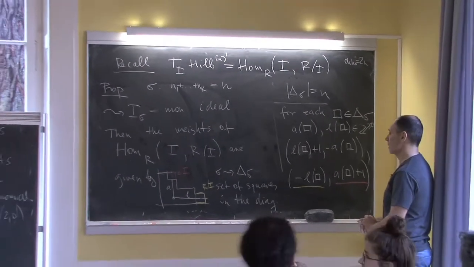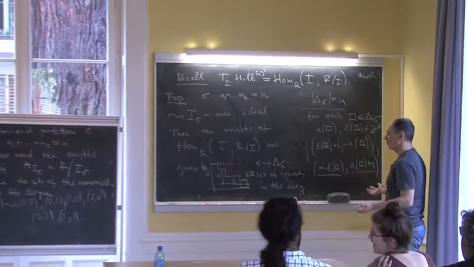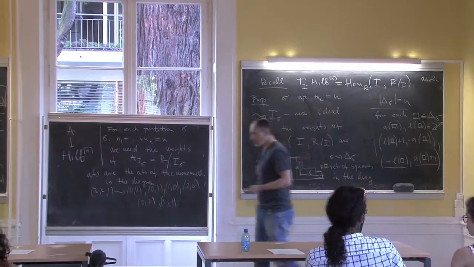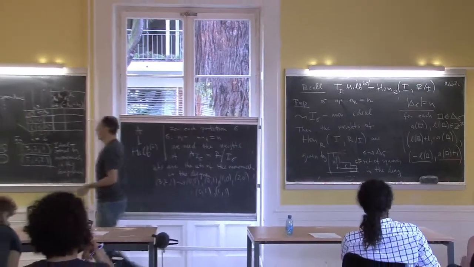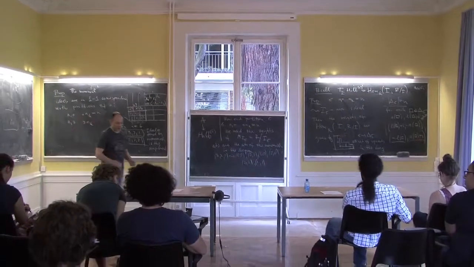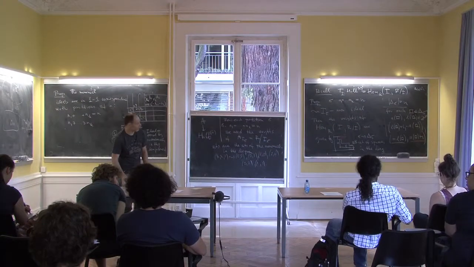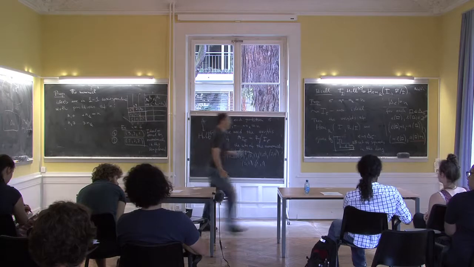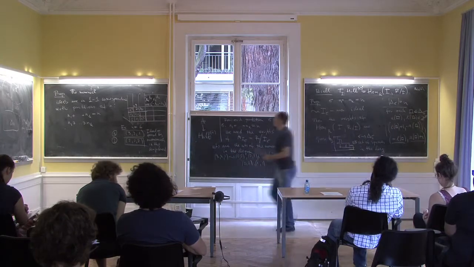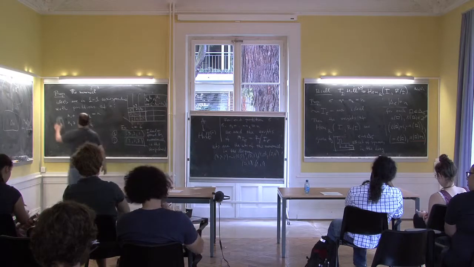Okay, and so this is our data, and now we have the complete combinatorial data, and so you can write down a residue theorem. So for example, let me just quickly show you what I mean by this.